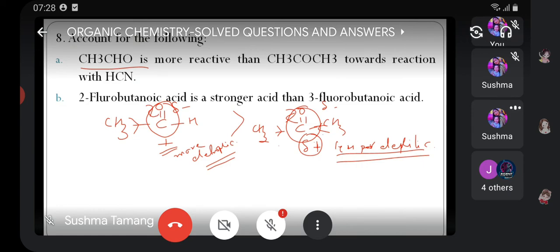So because of that this is more reactive. किनभने तिम्रो जब न्यूक्लियोफाइलले अट्याक गर्छ त्यसलाई के जान्छ? मोर पोजिटिभ सेन्टर चाहिन्छ, लाइक मोर पोजिटिभ इन नेचर वाला सेन्टर चाहिन्छ.